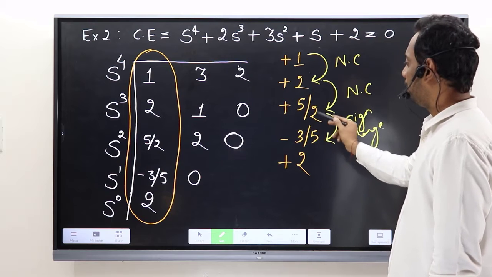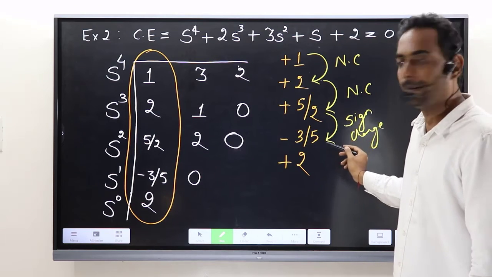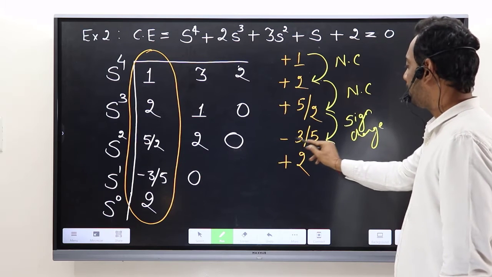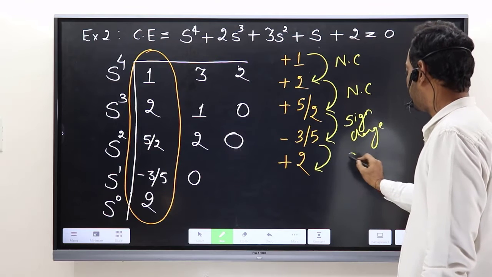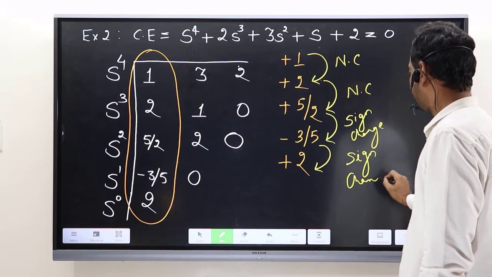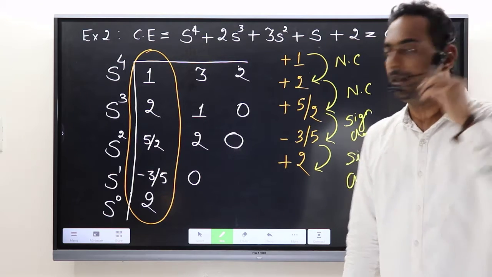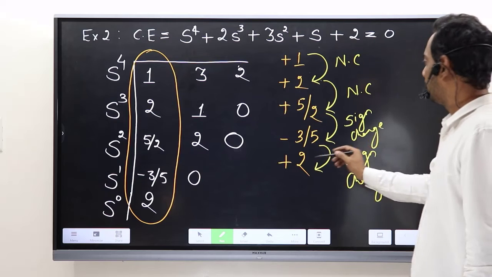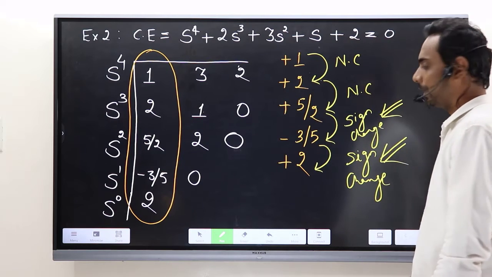From +5/2 we are going to -3/5, so the sign change is happening. Again, from -3/5 to +2, there is again a sign change. So how many times is the sign changing? 2 times. Once here the sign is changing, once here the sign is changing.